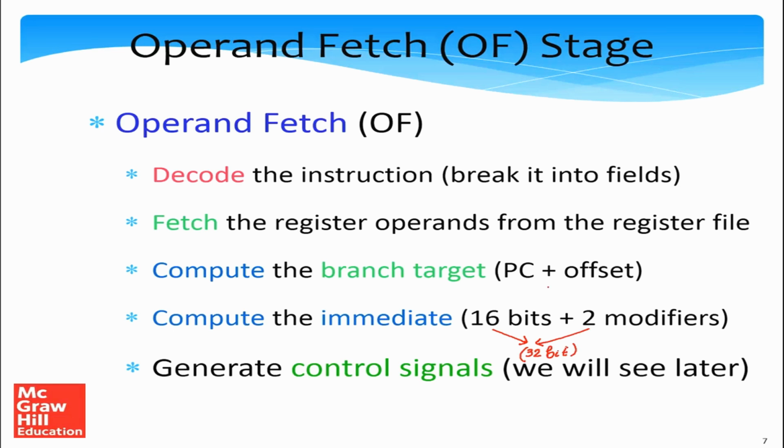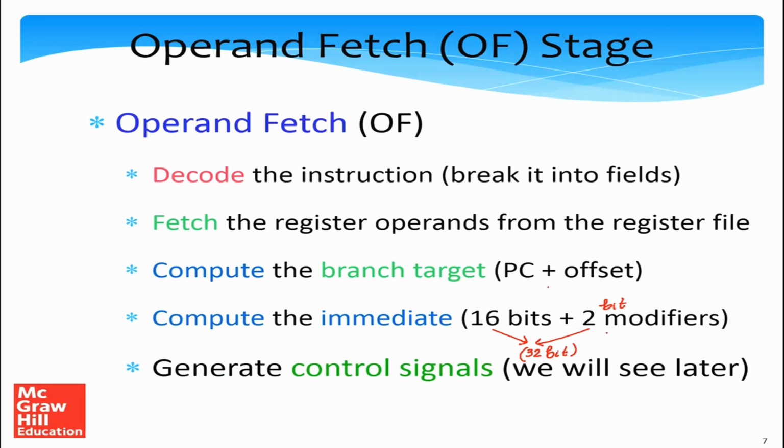So we need to compute the immediate, which is 16 bits plus a 2-bit modifier. I shouldn't call it 2 modifiers, I should call it a 2-bit modifier. That's slightly better. But we also have 2 modifiers, so that is also not wrong.